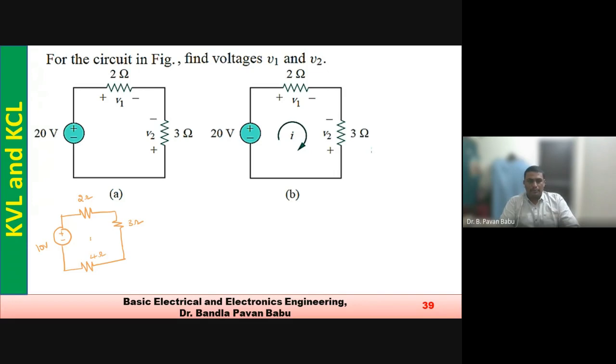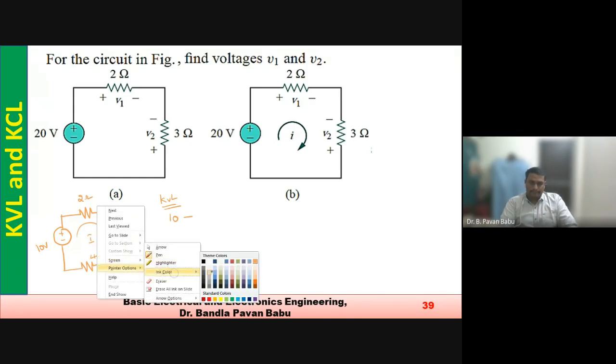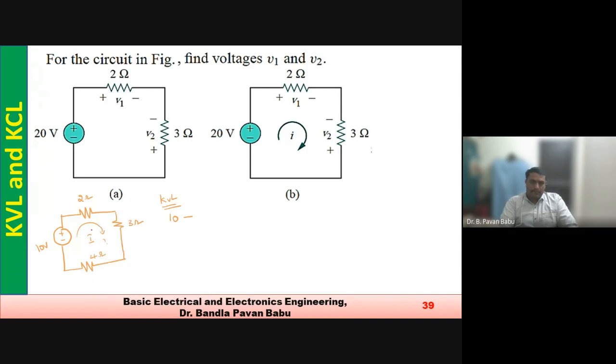I want to find out the current flowing through this circuit. So what will be the equation of the circuit as per KVL? As per KVL, it will be 10 minus, and here I am going to give the polarities as plus and minus.